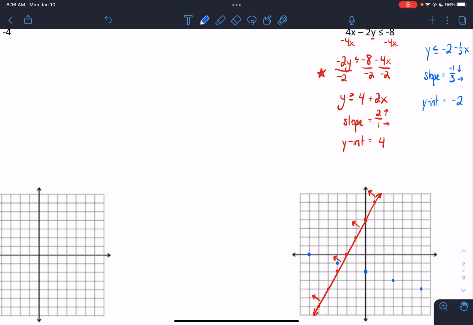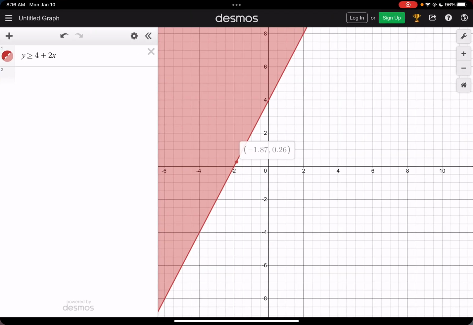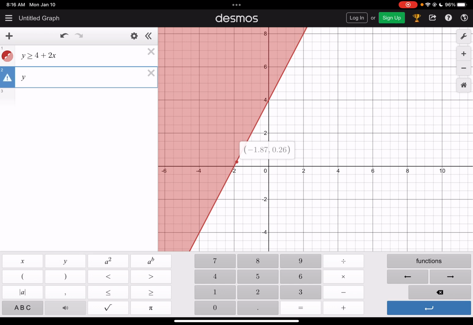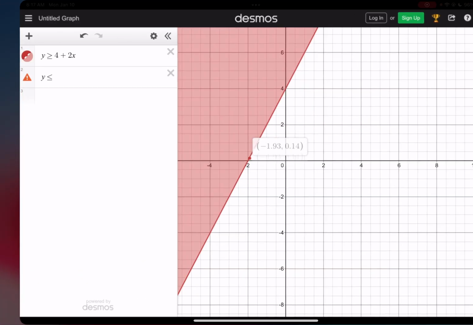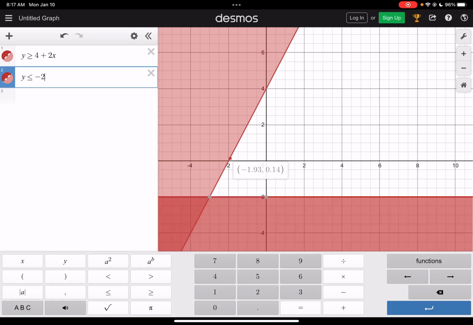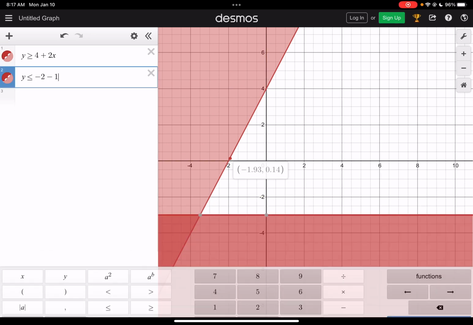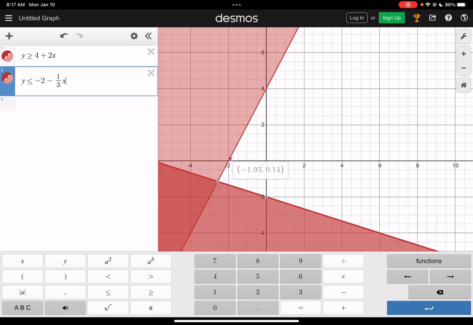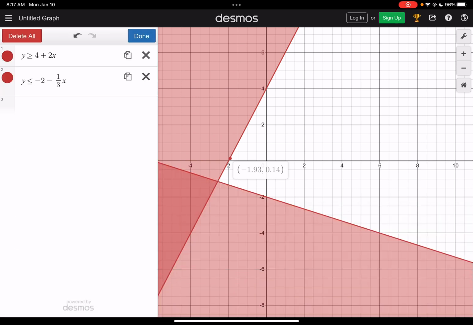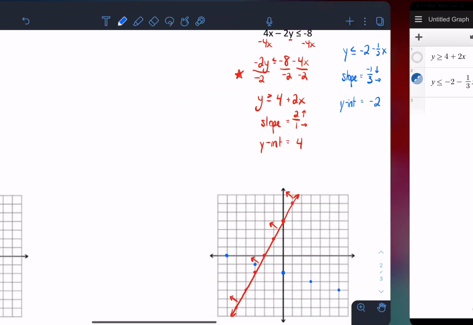And again, that's a y is less than or equal to negative 2 minus 1/3 x. Well, I guess they could be the same color. I don't like that though. There we go. Again, it is a solid line that's shaded below.